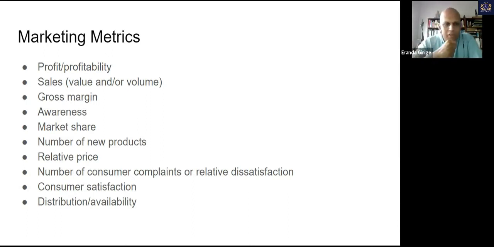So these are some of the KPIs or metrics, criteria, indicators that you can use to measure your marketing plan's success during implementation. One very basic one is profit, right?